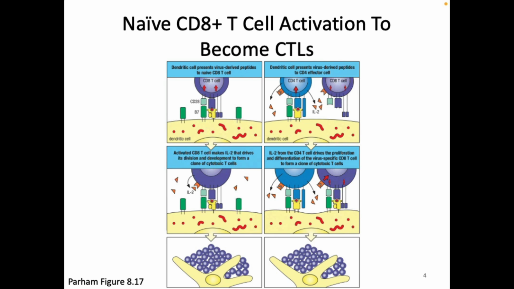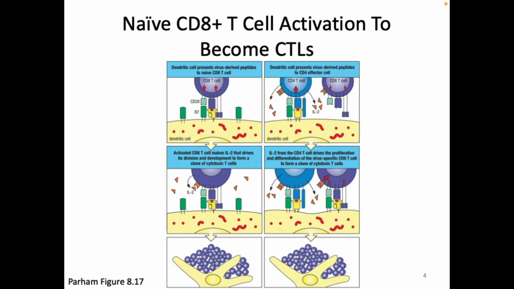CTL stands for cytotoxic T lymphocyte. If you look at the word cytotoxic, toxic means it's going to kill something, and cyto means it's killing a cell, because cyto is for cell. And so our naive CD8 T cell is going to become activated to become a CTL. Finally, it's going to be able to do something about a microbe.